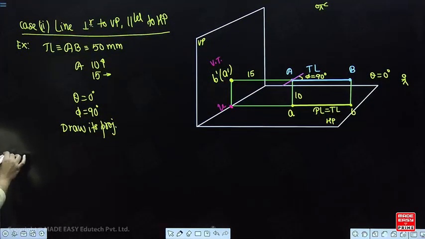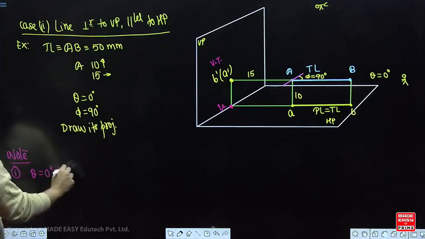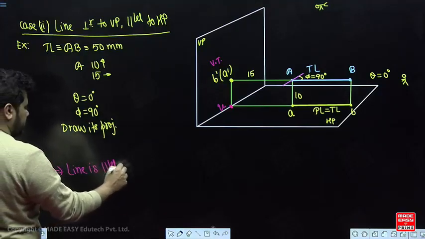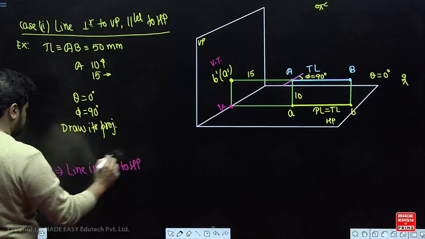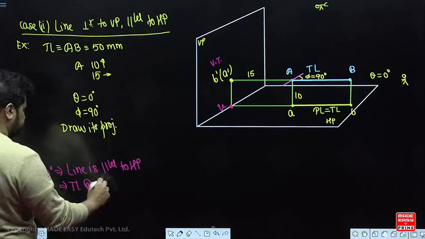So this is the final projection. So let us write as a note. Number 1, theta is equal to 0 degree means line is parallel to HP. This implies true length at HP.